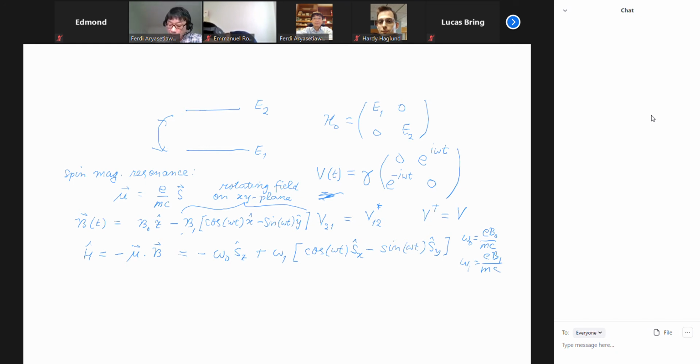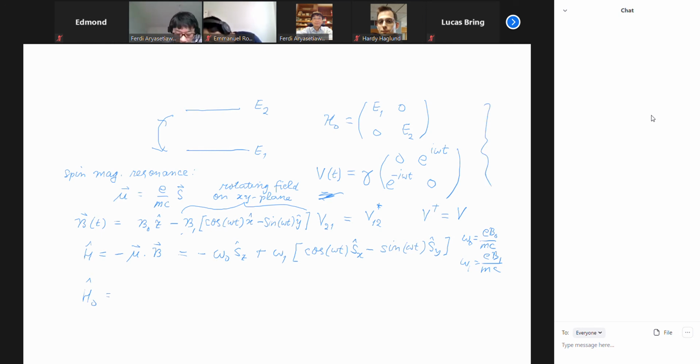So now if we use the Pauli matrices for the S operators here, then we get exactly the same form as we have here. So let me write it down.